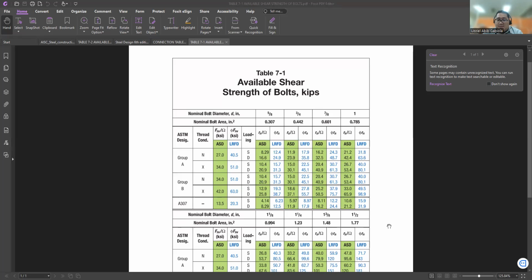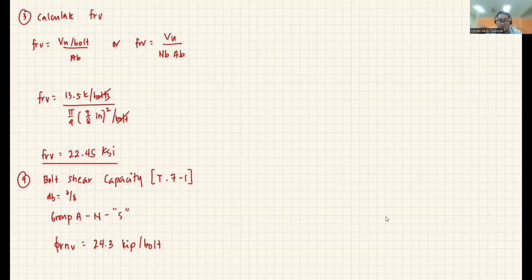So, let's go back sa slide. Saan natin ikukumpara yung na-calculate natin? Yung nakuha natin from the table, 24.3.